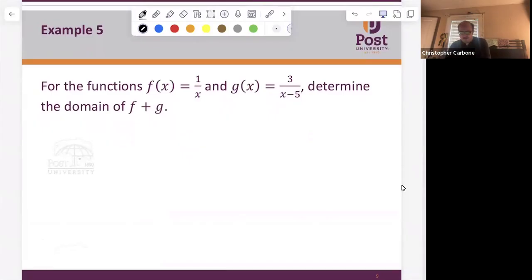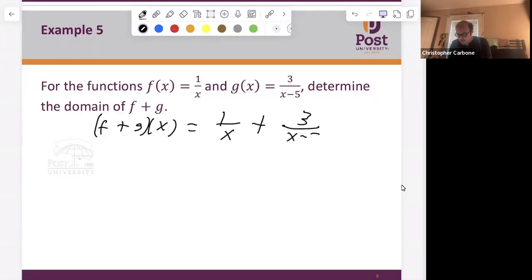So number 5, for the functions f of x equals 1 over x, g of x being 3 over x minus 5, we want the domain of f plus g, which we could technically find without having to add them, but I'll put the addition here: 1 over x plus 3 over x minus 5.